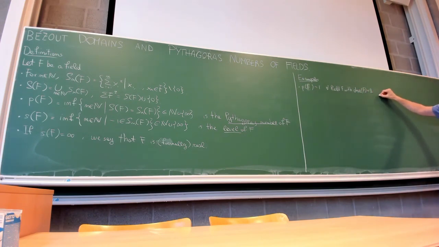So you see why? If I take an arbitrary sum of squares, in characteristic 2 the double products disappear. So this is actually a square.